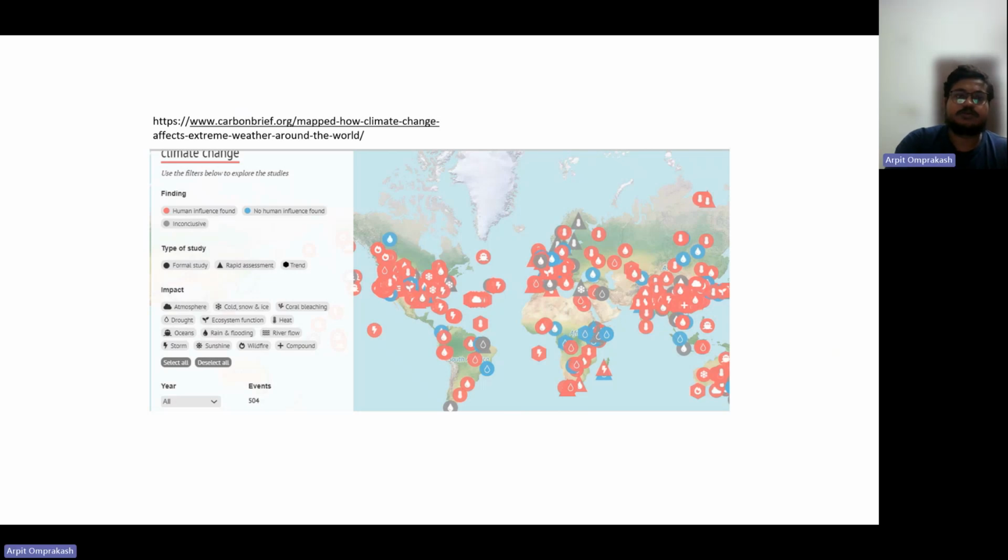Then there are these different places, different data sets, where you can go and see how climate change affects extreme weather around the world. Climate change has led to increased occurrences of things like droughts or cyclones all across the globe, right?